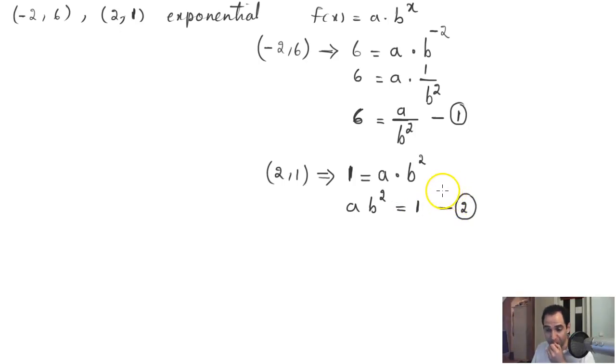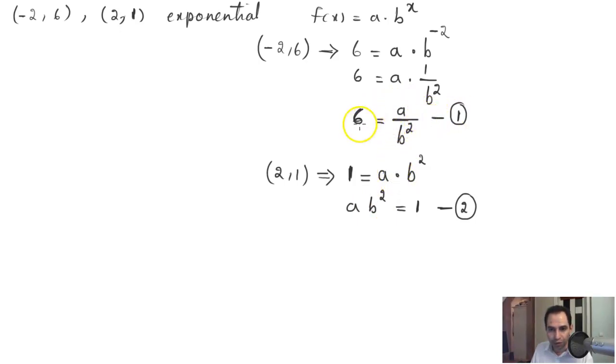Now, what you can do here is, you have these 2 equations, and in both cases a and b are unknown. But since you have 2 equations of the same type, you can figure out what a and b are.